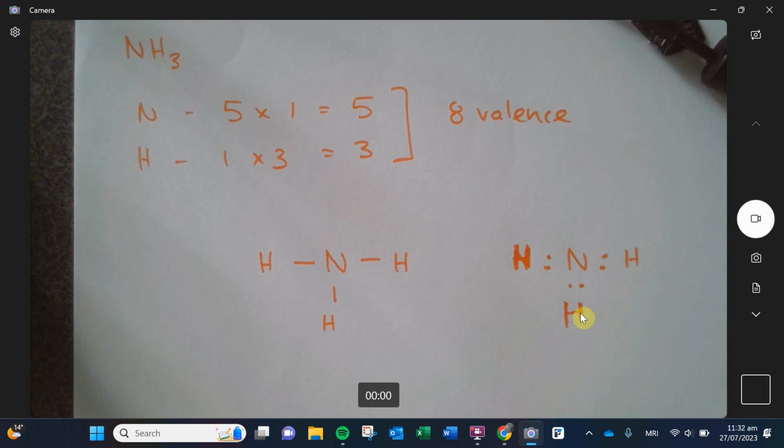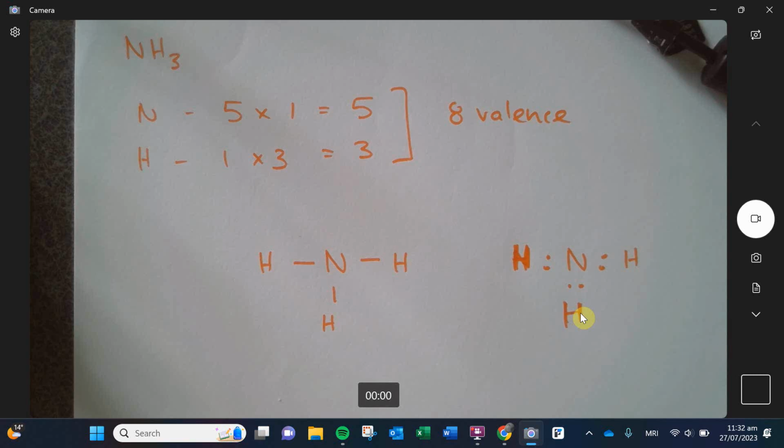Both of them are deemed correct. I personally like the lines because when it gets to the shape content that we'll do next week, it helps us distinguish what is and isn't bonded. Right now, I've used a total of 2, 4, 6 electrons. Out of my 8, I have 2 remaining.